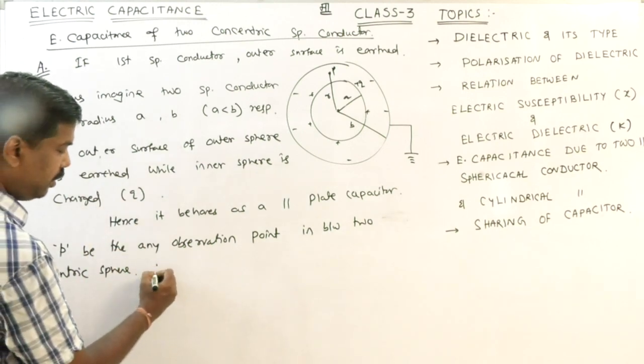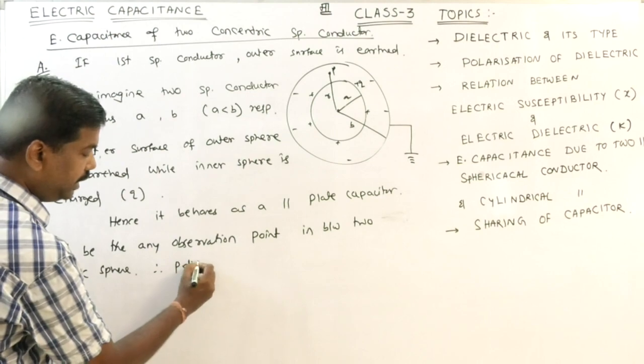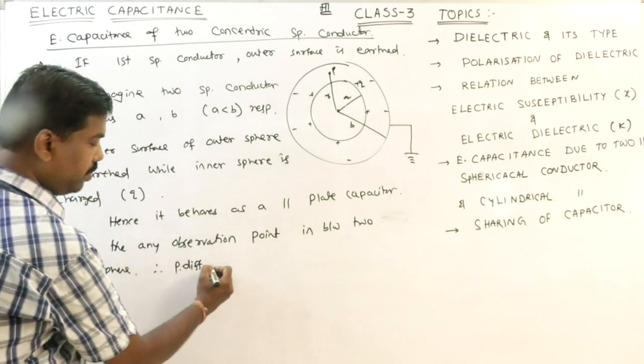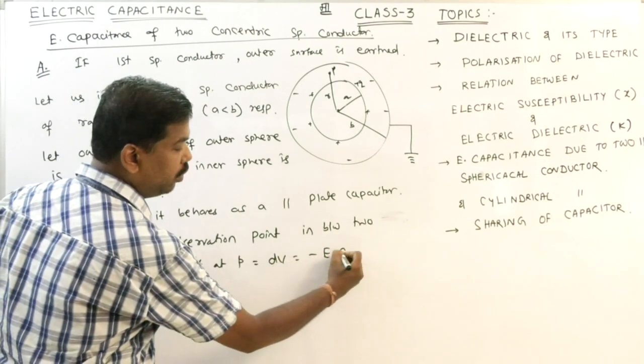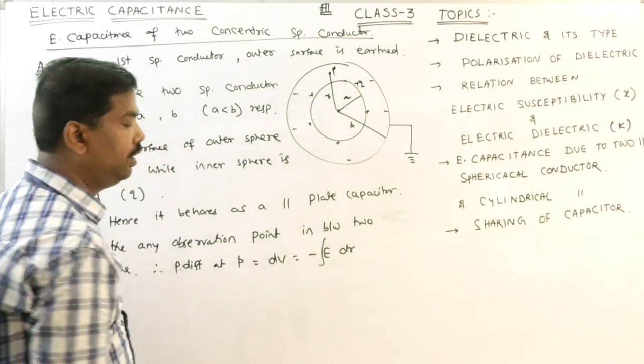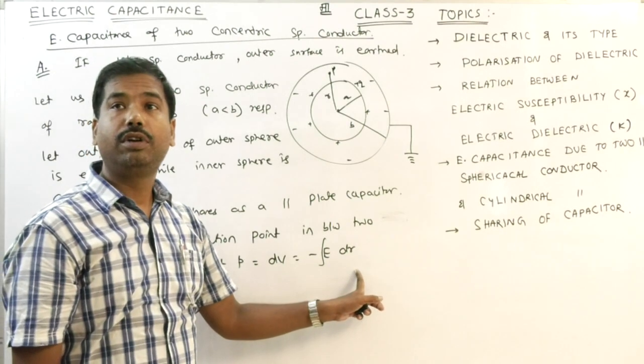Clear? Therefore, the potential difference at P is dV, which is equal to the negative line integral of E dr. Clear?